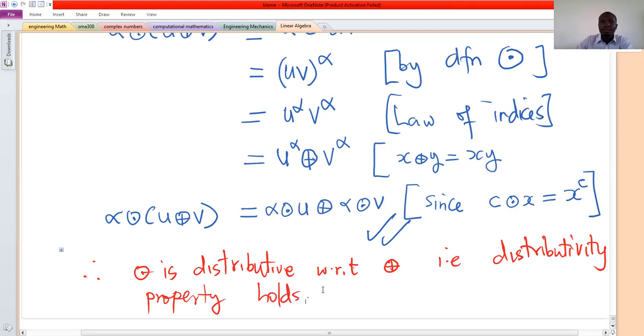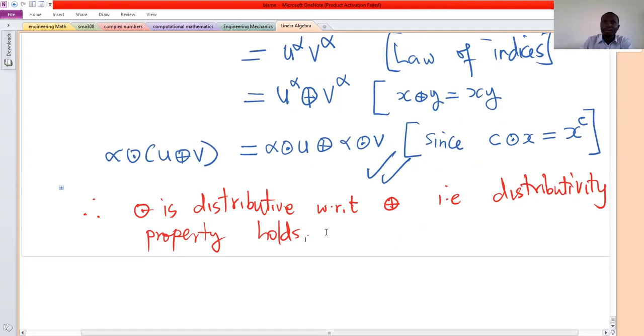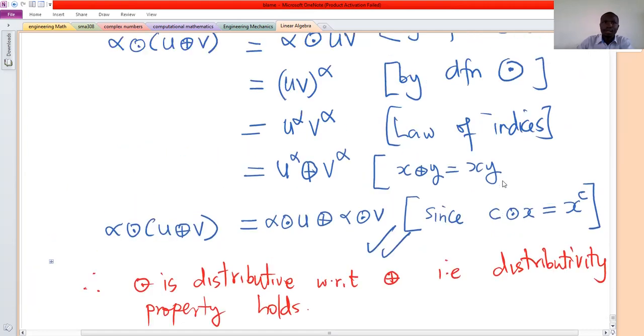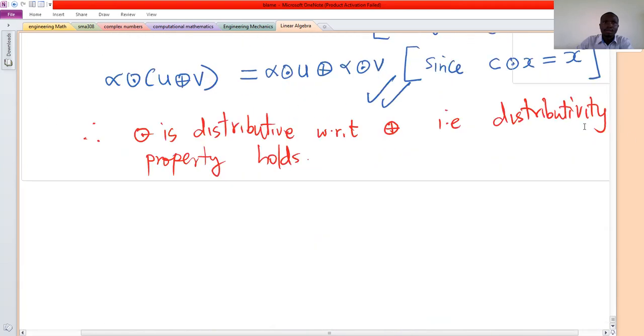And then we also have another type of distributivity where we have now two scalars. So the next one is number 6. Still distributivity, but now involving two scalars and one vector from the set R plus.